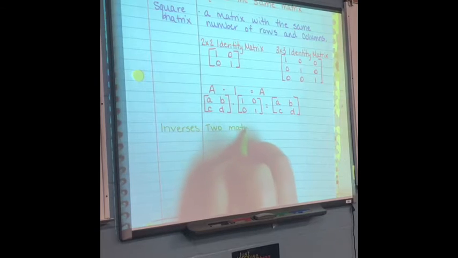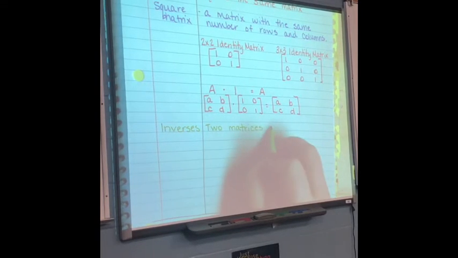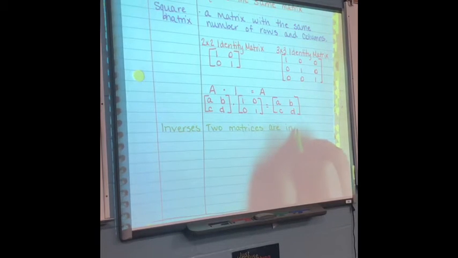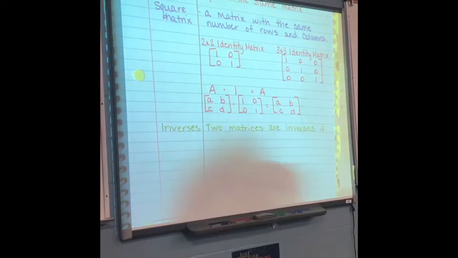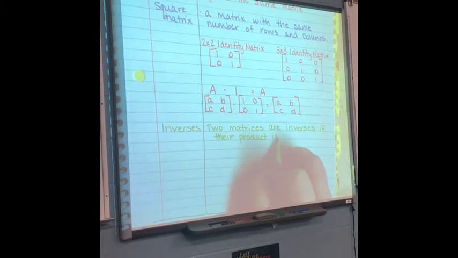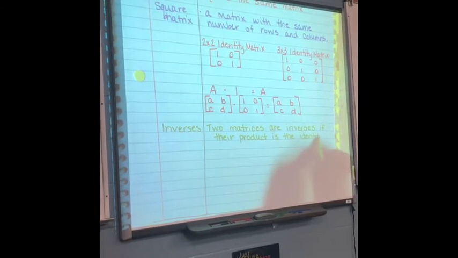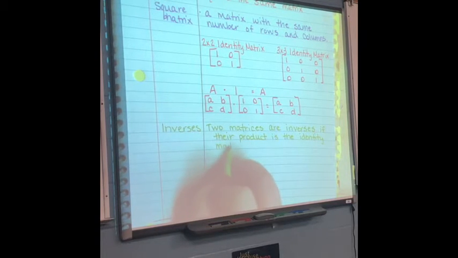Two matrices are inverses if their product is the identity matrix, meaning the matrix times the inverse matrix would result in the identity matrix.